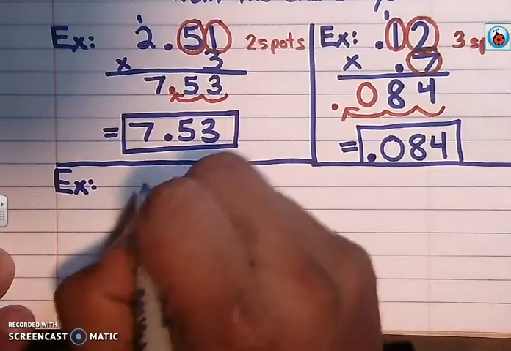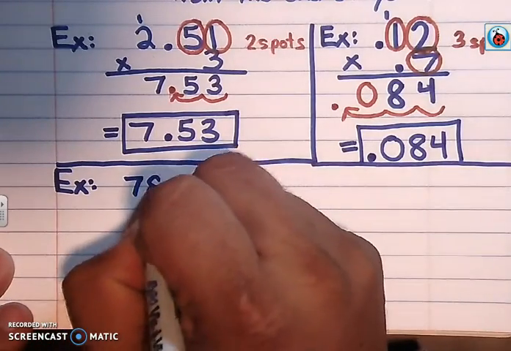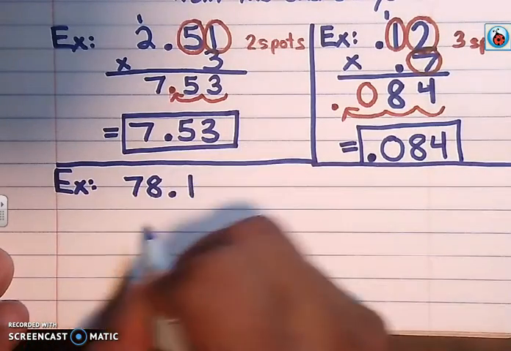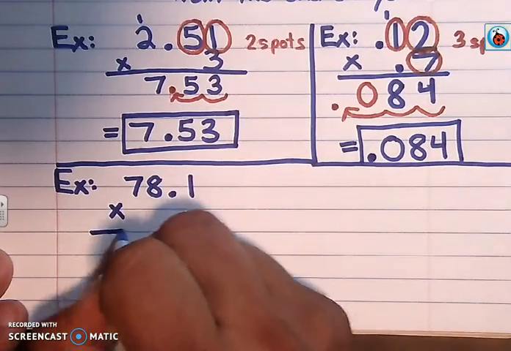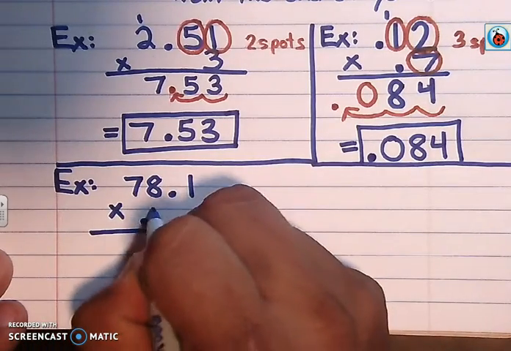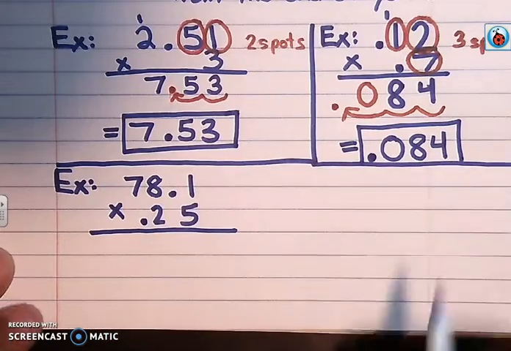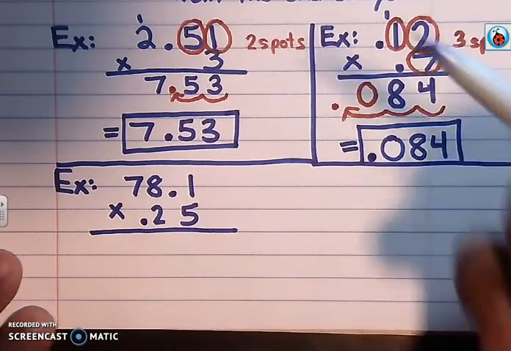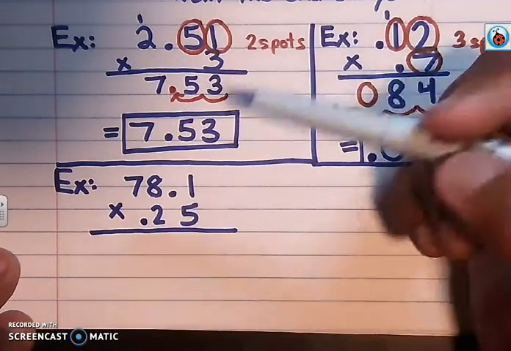Let's do 78.1 times 0.25. So let's start.